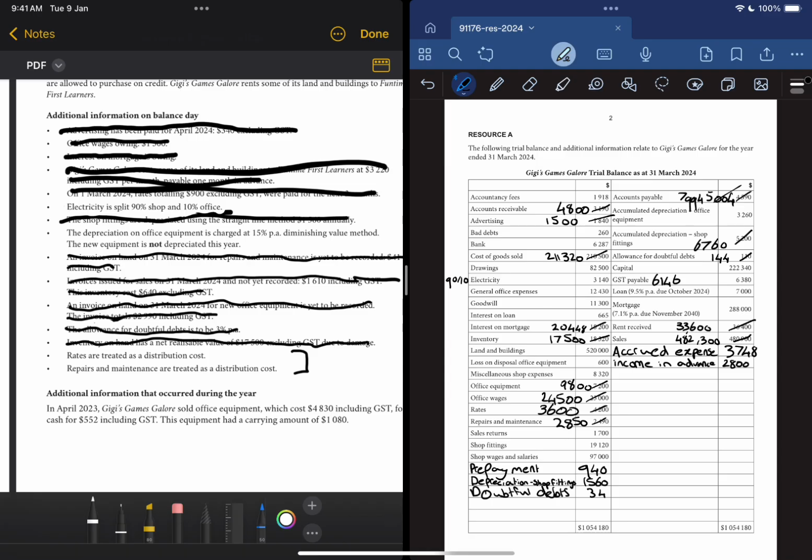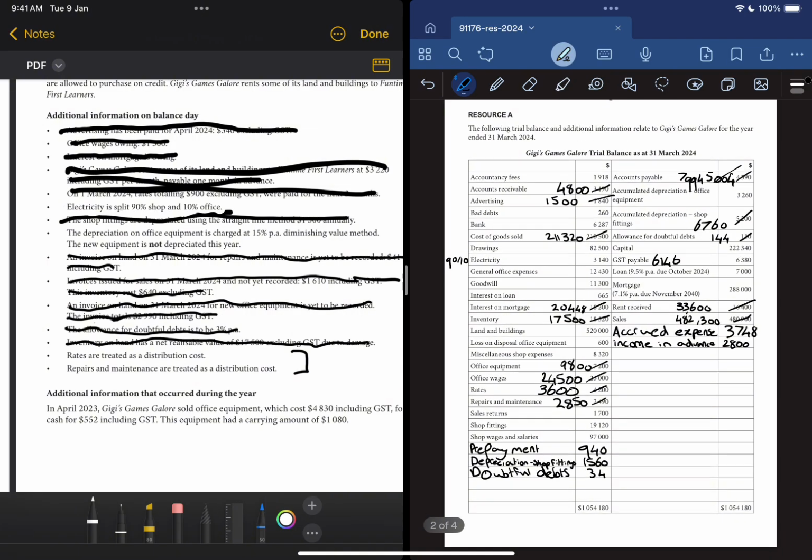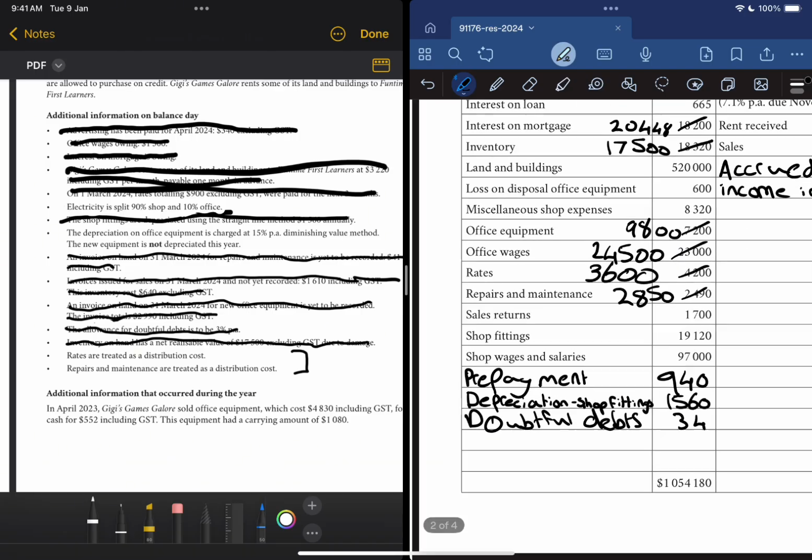Okay, so if it's 3,940, to figure out a 15% depreciation, because now that we've found the carrying amount, we're just going to times it by the 15%. We just need to go 3,940 times 0.15, which is going to give us 591. Okay, so that's what the depreciation for office equipment for the year is going to be.